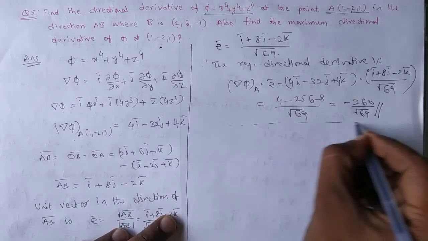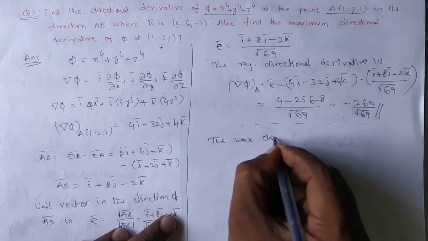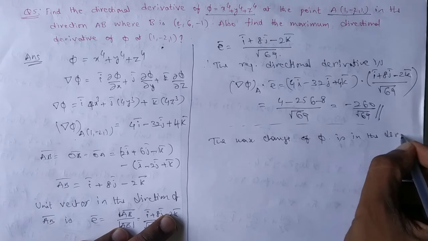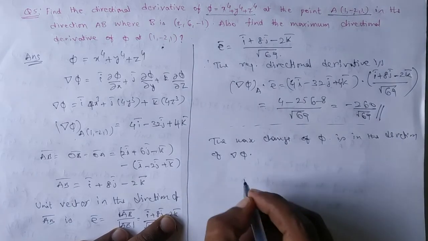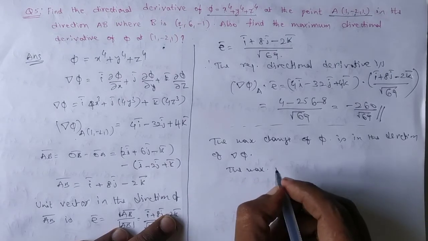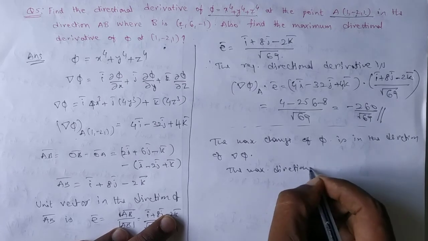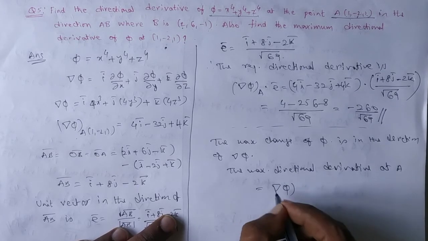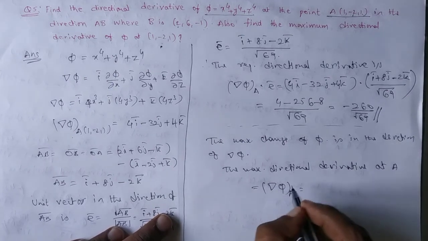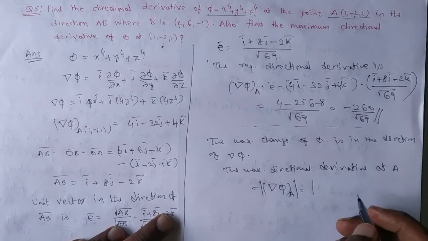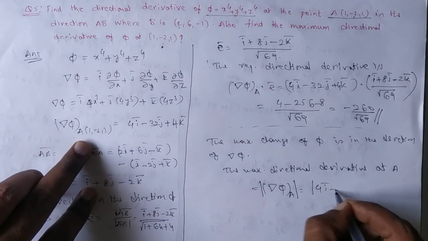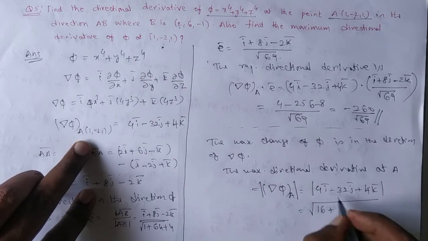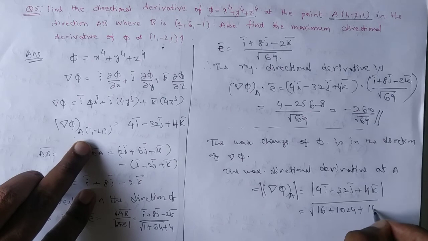We know already the maximum change of phi is in the direction of the gradient of phi, and the maximum directional derivative at A equals the magnitude of the gradient of phi at A. So that is the absolute value of the gradient of phi at A, already calculated, that is 4i bar minus 32j bar plus 4k bar, whose value is the square root of 4 squared, 16, plus 32 squared, 1024, plus 16.